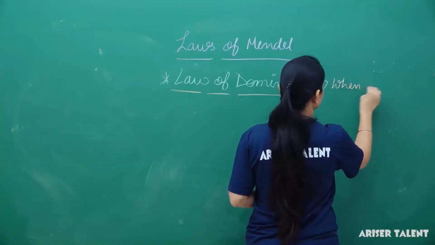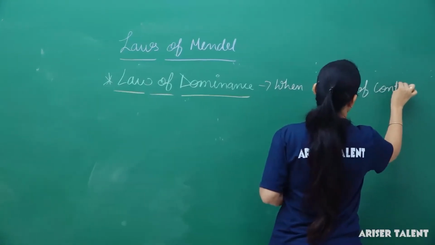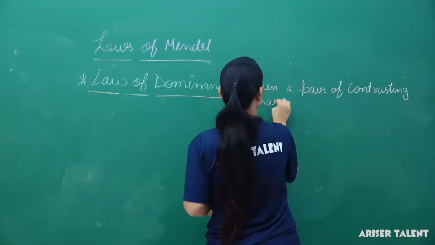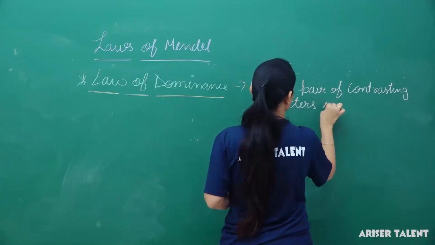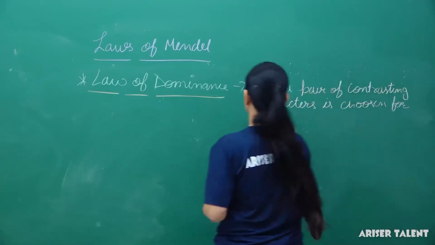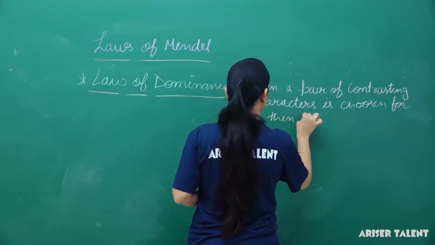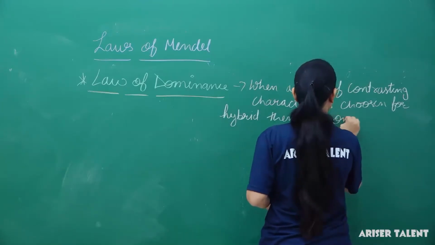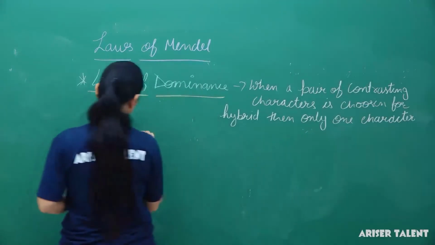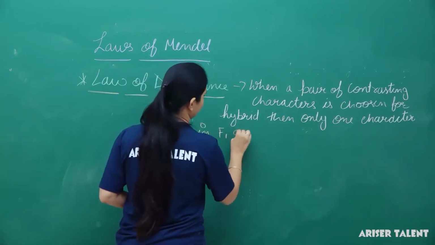When a pair of contrasting characters is chosen for hybrid, then only one character appears in F1 generation.